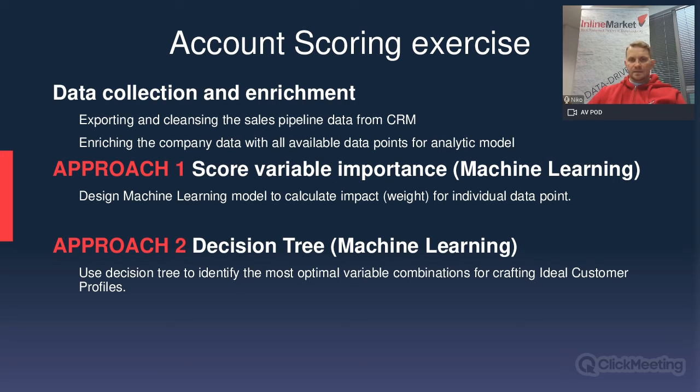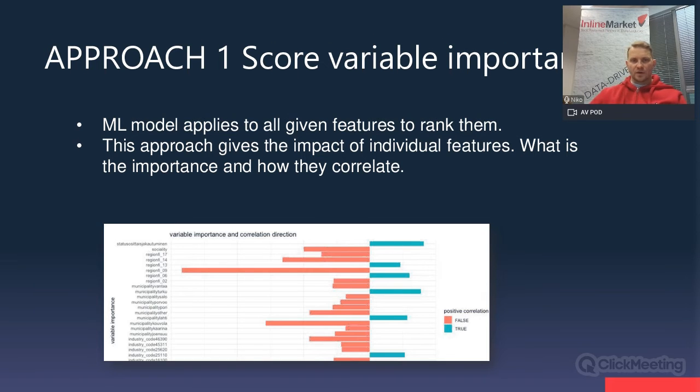And this is the broad approach of what we do, and this was an interesting exercise, even though I cannot share all the details we came out with. In approach 1, there you see a screenshot with different kinds of variables.